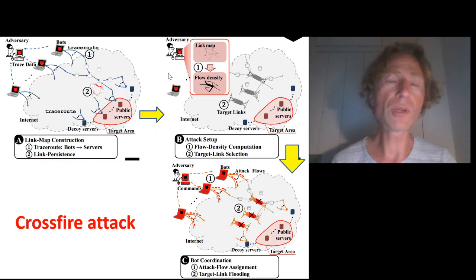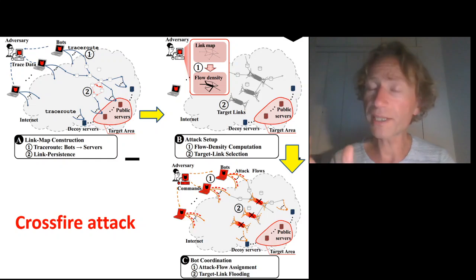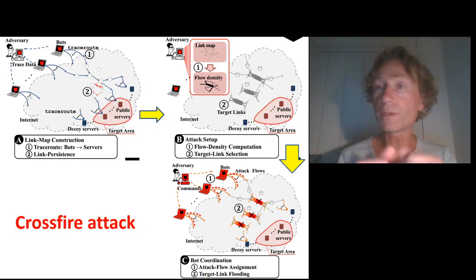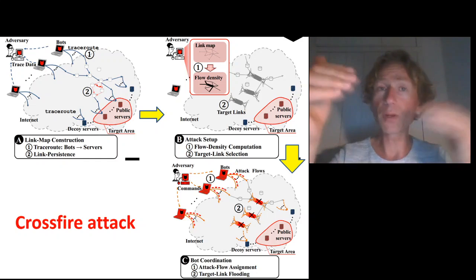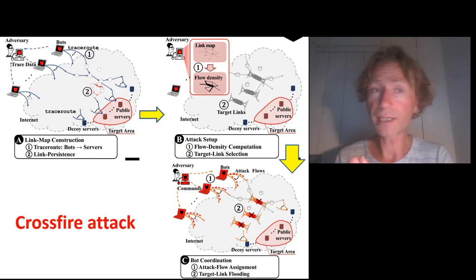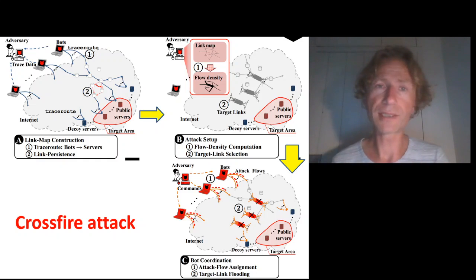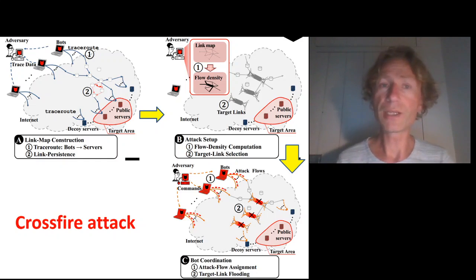And then you're going to look at what are the best links to choke off, right? So you're going to look at what the flow density is, how many of the flows from different vantage points go over a particular bottleneck link, right? And then that has a high flow density, and you're going to select the targets on the basis of how much they will actually choke off the victim area.